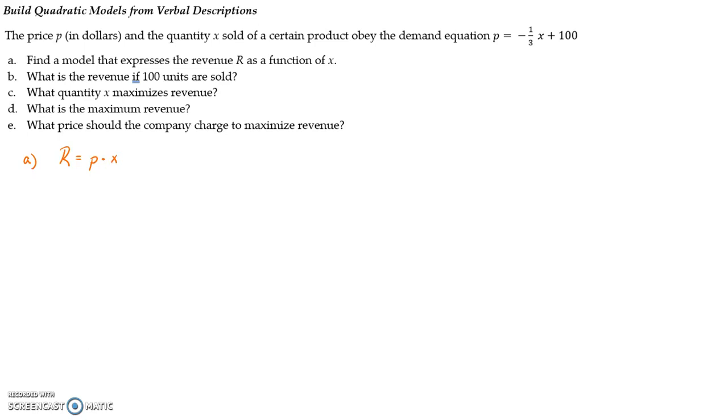Now, for this question in part A, it's asking us to calculate this function in terms of X. So we want only X to appear in our revenue function. And you'll notice that we have the letter P here, so we're going to have to replace that. Now, we're lucky because we have our demand equation represented by P equals negative 1/3 X plus 100. So we're going to substitute that in for the letter P.